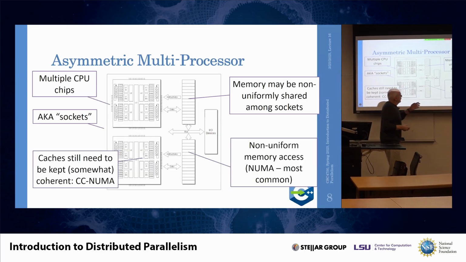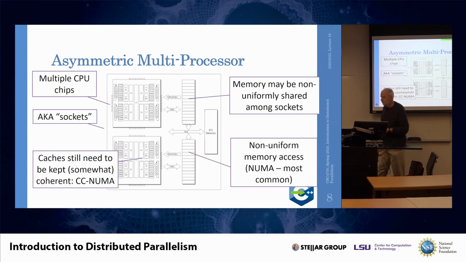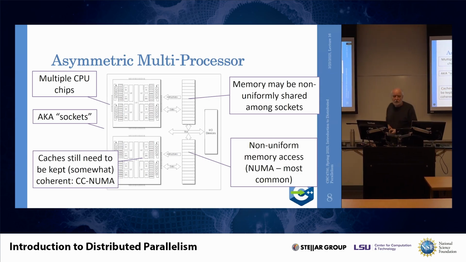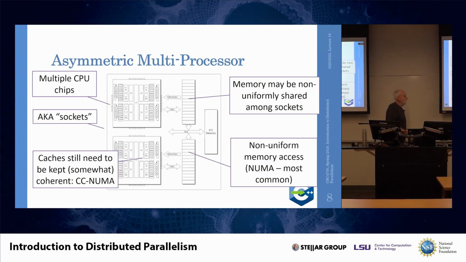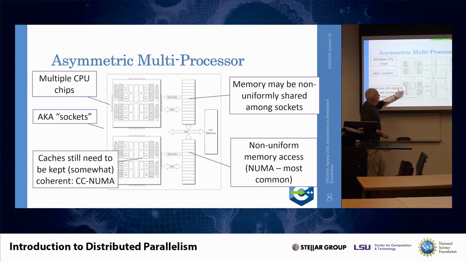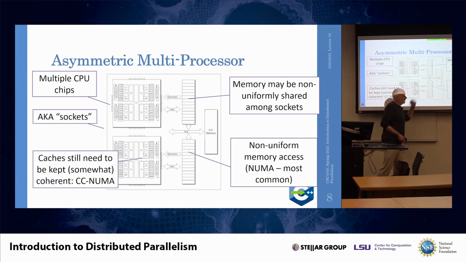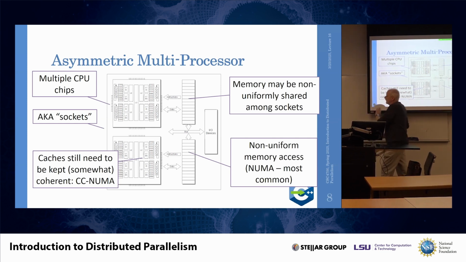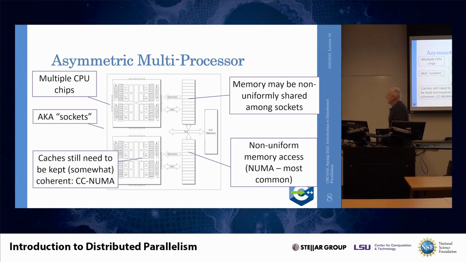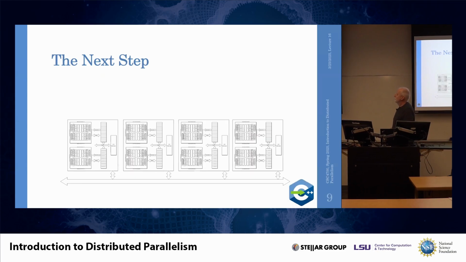But if you read the literature, or Google just for NUMA, non-uniform memory access, you will see that there are certain things you have to take into account when you deal with these architectures, because you want to avoid cross-NUMA domain traffic. So while this core is able to access that memory over there, it takes a bit longer than accessing the memory that is directly connected to the cores. That aside, it's not really relevant for our discussions. I just want to give you the full picture of where things stand.